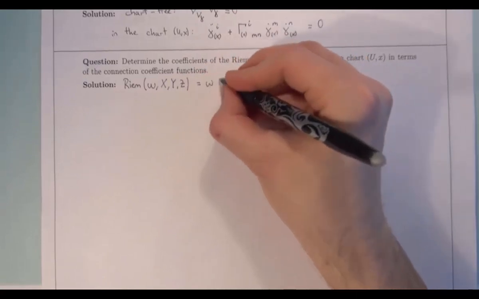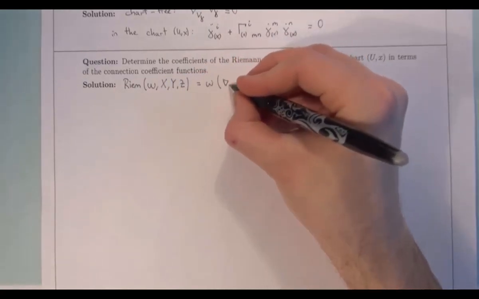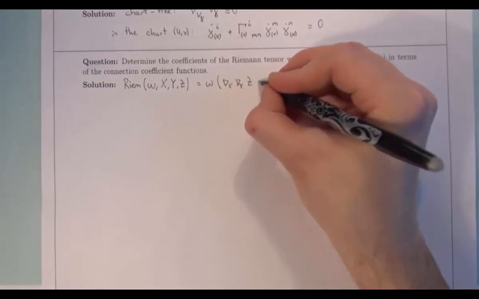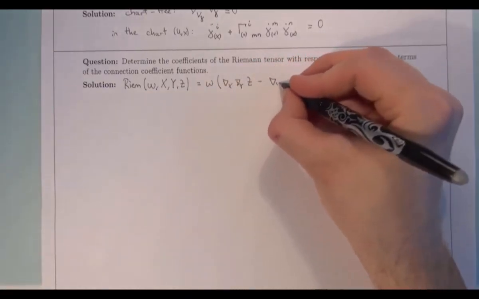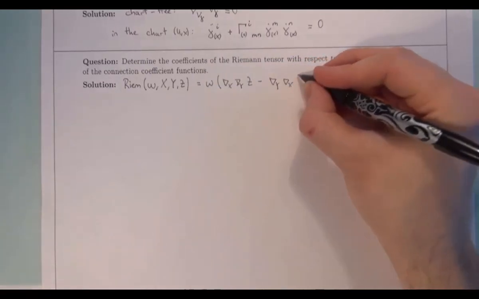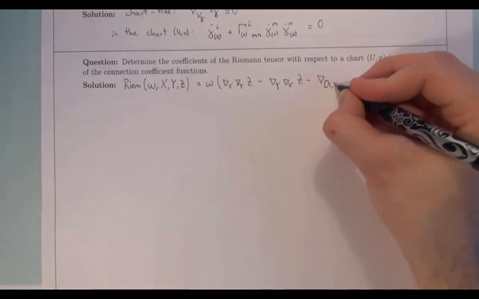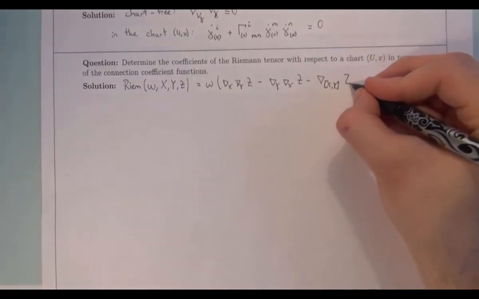That is omega of nabla x, nabla y on z minus nabla y, nabla x on z minus nabla of the commutator x, y acting on z.